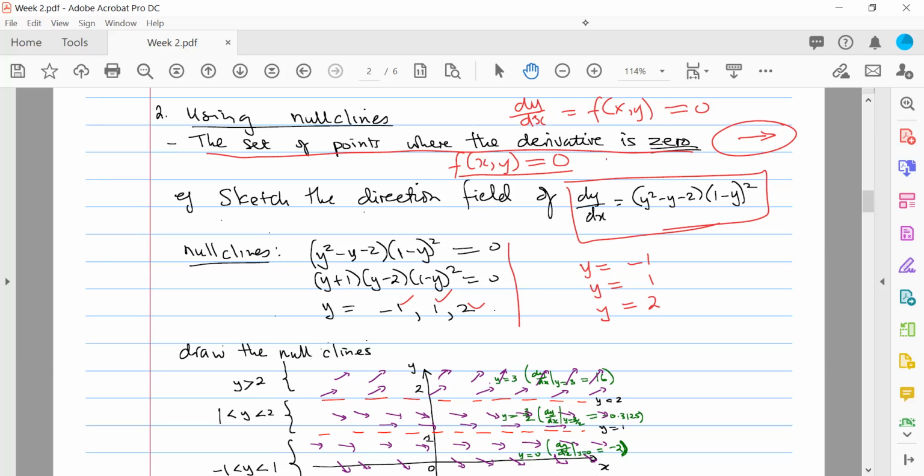Let's draw those lines. So we now have dy/dx equal to (y squared minus y minus 2) times (1 minus y squared).